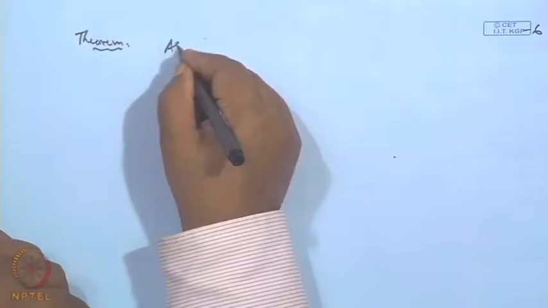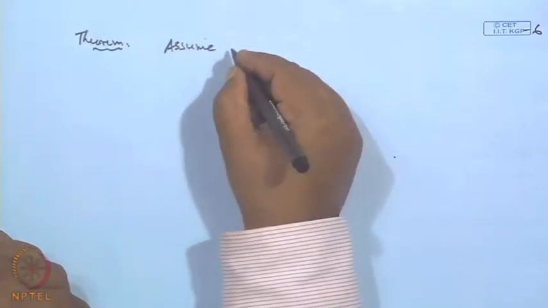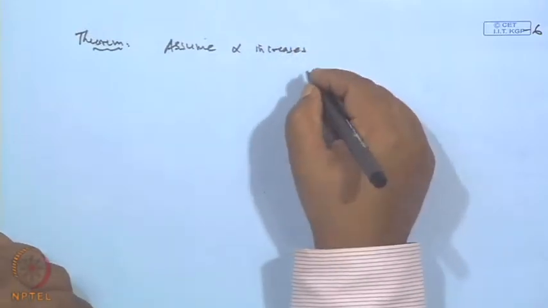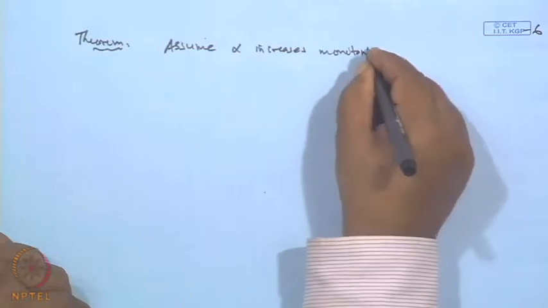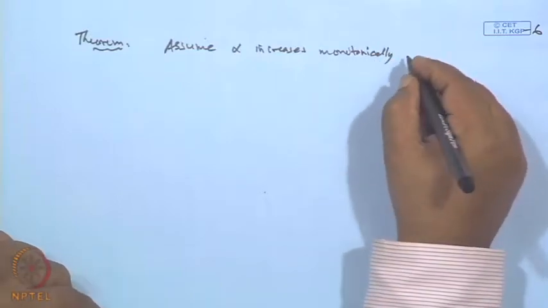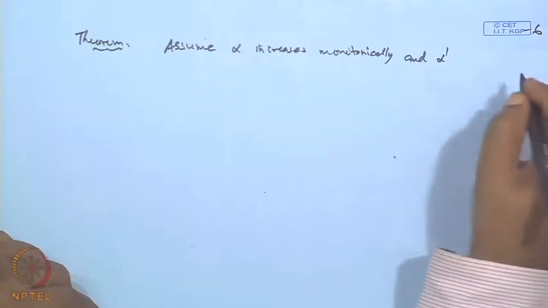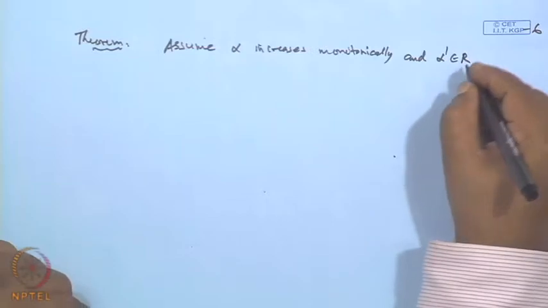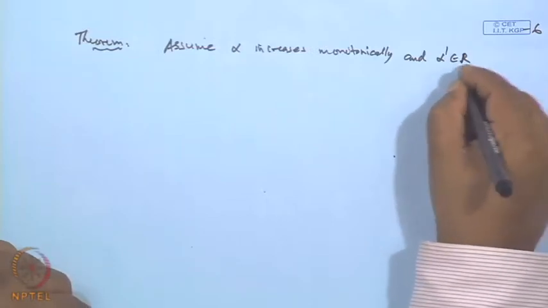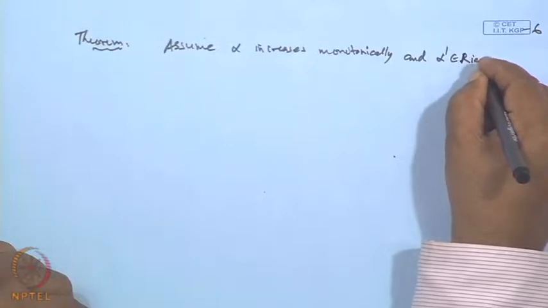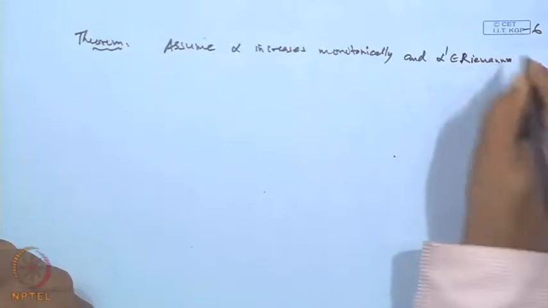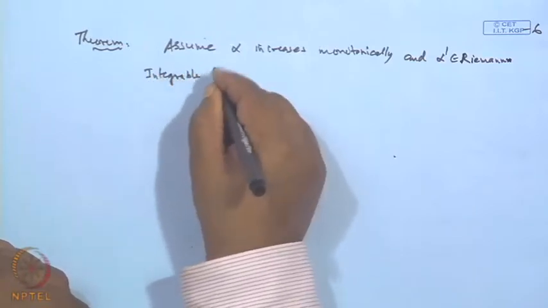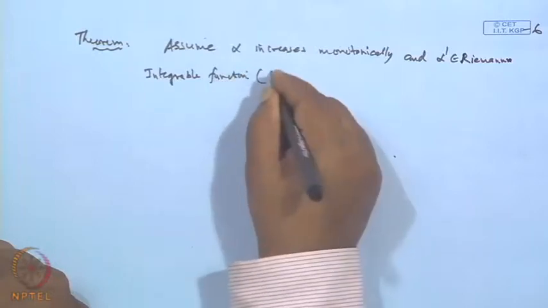So, assume alpha increases monotonically and alpha dash is a Riemann integrable function, which we denote by this.